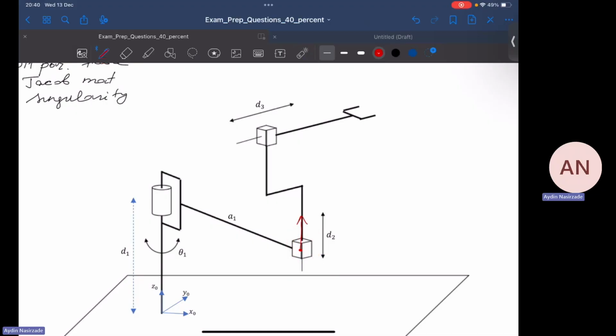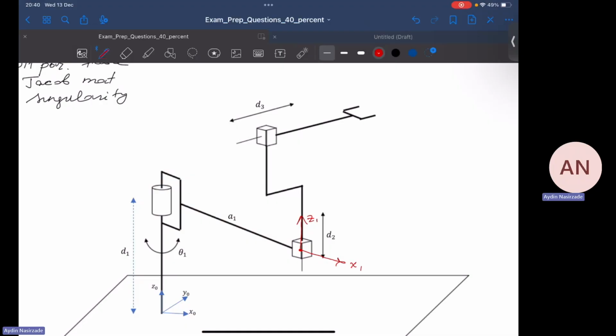And accordingly, the X1 axis will be such that, this is Z1, this is X1, such that it intersects the Z0 axis here, and it's perpendicular to both Z1 and Z0.